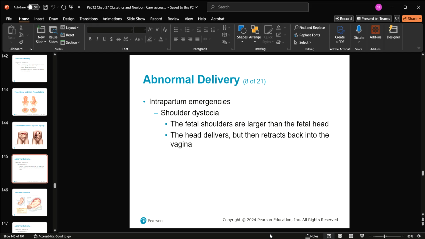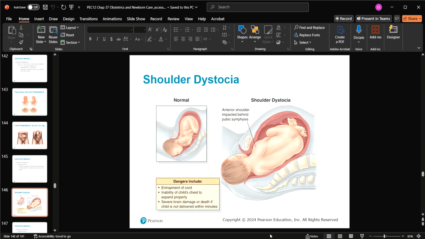Shoulder dystocia. The fetal shoulders are larger than the fetal head. So the head delivers, but retracts because the baby is unable to get past the vaginal canal because the hips are not wide enough. I'm not blaming the mother.